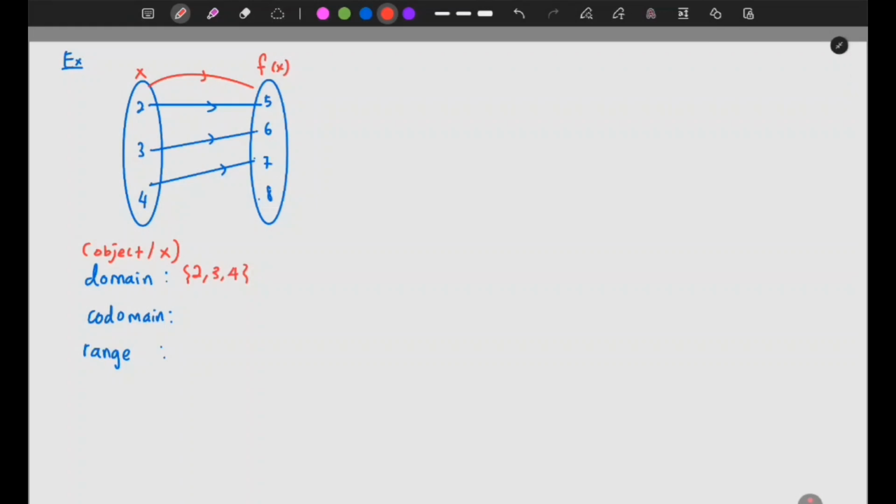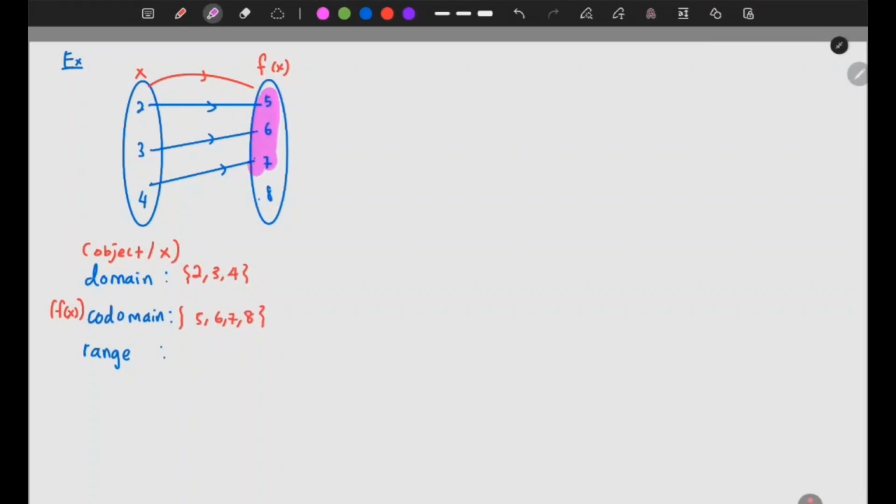Codomain is the fx, the image part. And the range is the one that gives an image, a product, or there's a range for it. So in this case, 5, 6, and 7.